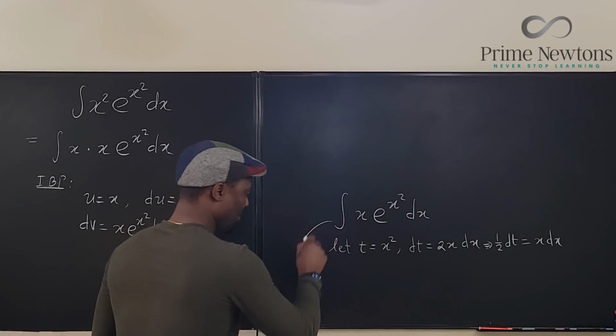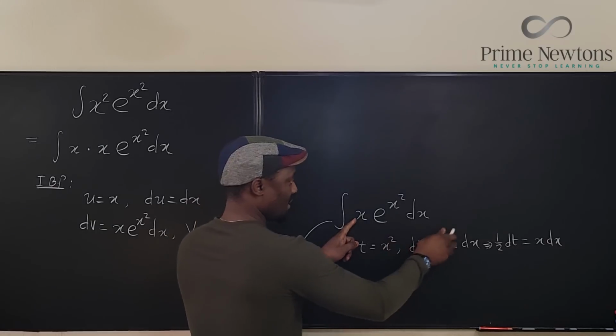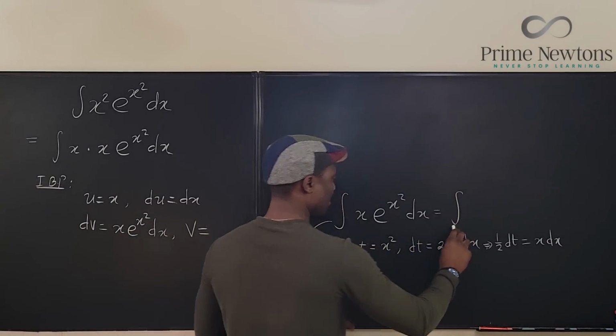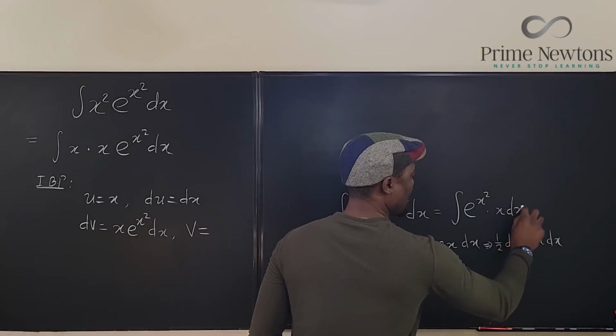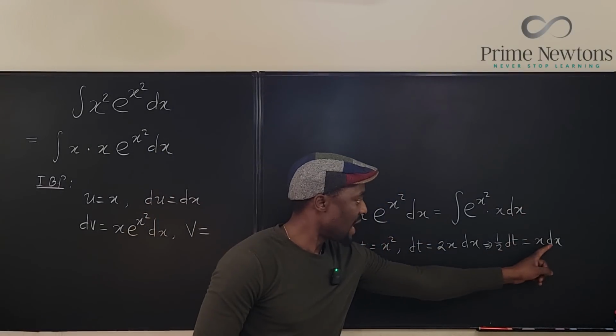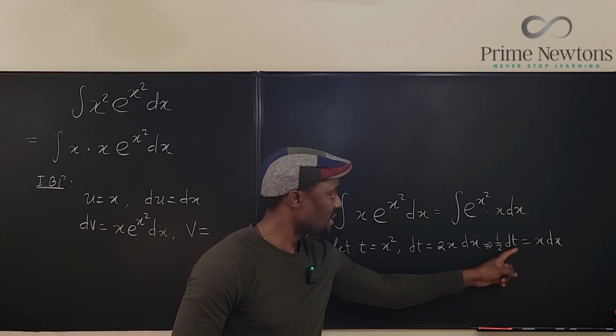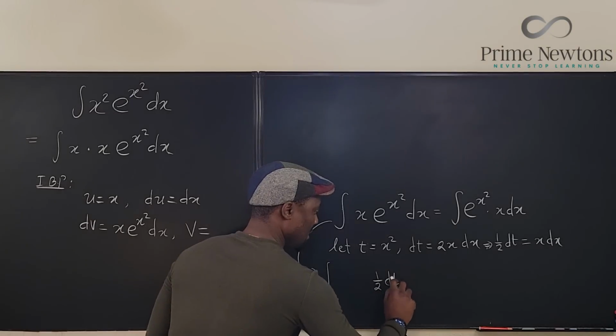So this integral here can become the integral of, you see this? I can rewrite this as the integral of e to the x squared times x dx. So now I've gotten my x dx isolated here. I'll replace it with 1/2 dt.